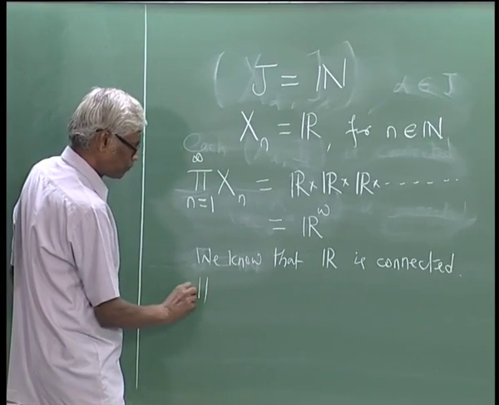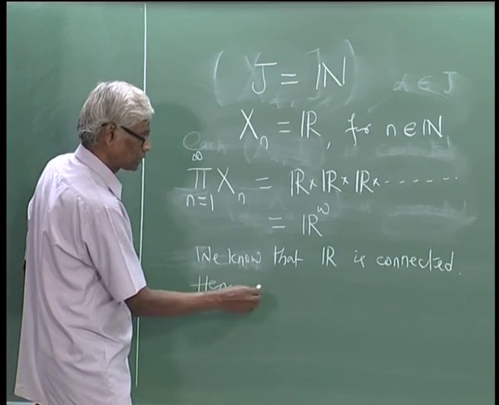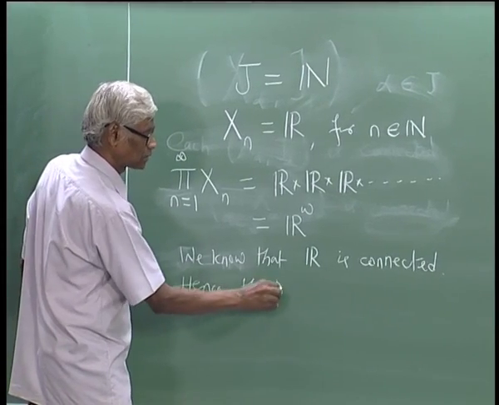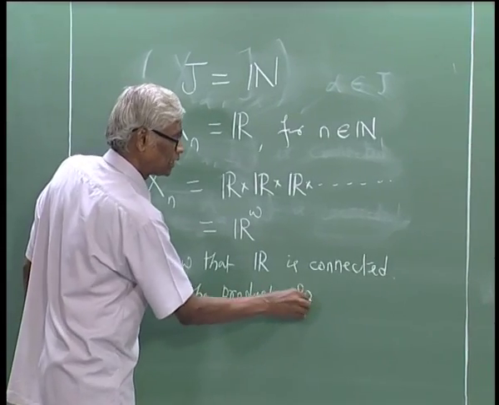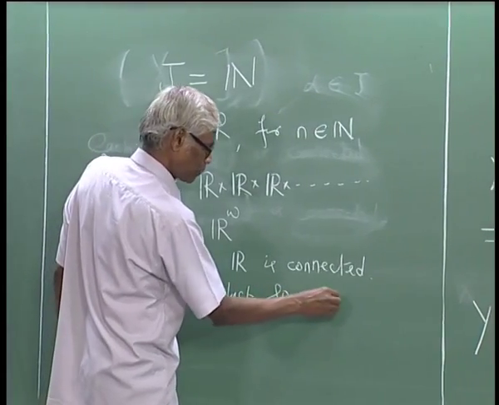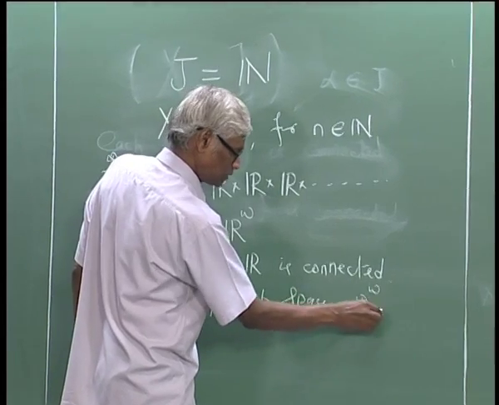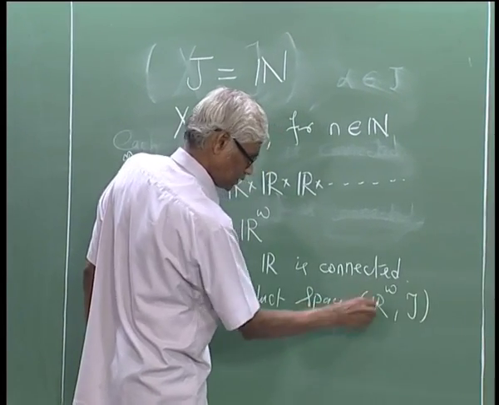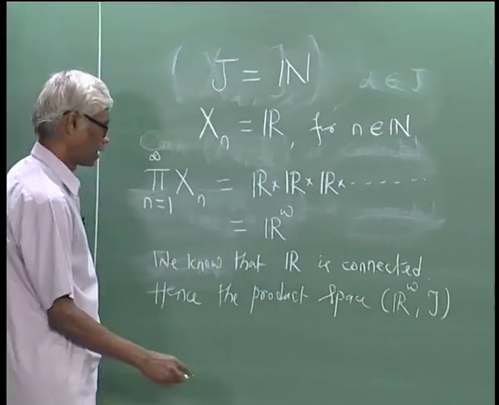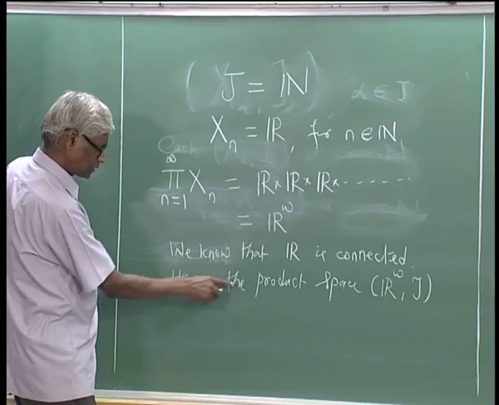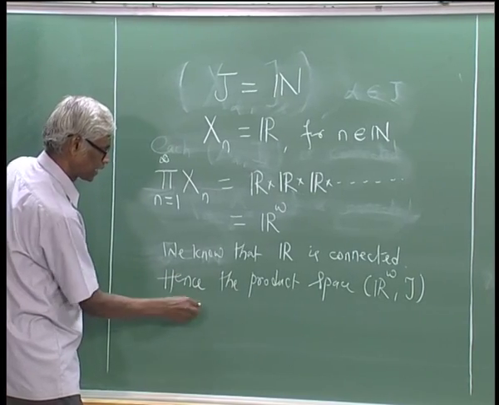Hence the product space, R power omega with the product topology, where tau is the product topology on R power omega, is connected.